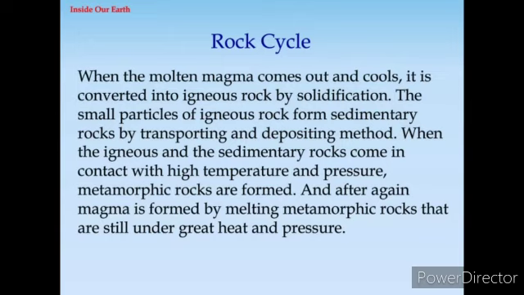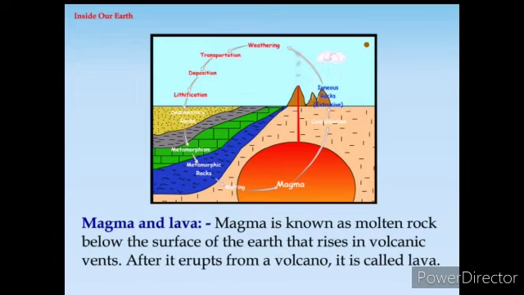When the igneous and sedimentary rock come in contact with high temperature and pressure, metamorphic rocks are formed. And again magma is formed by melting metamorphic rocks that are still under great heat and pressure.